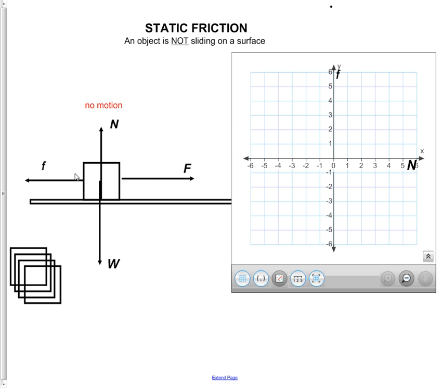Now you all know what's going to happen. Eventually, you're going to reach a point where F gets so big that the frictional force will not be capable of holding it there any longer. And so there's a certain maximum amount of friction that you can get on this surface.